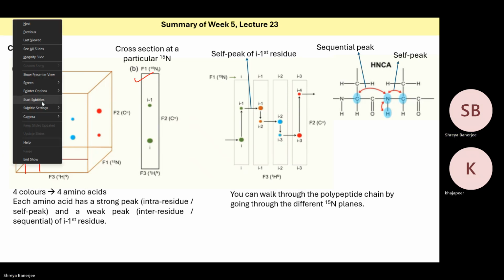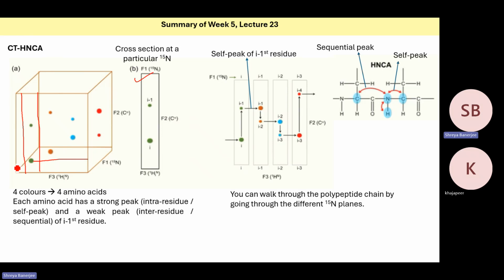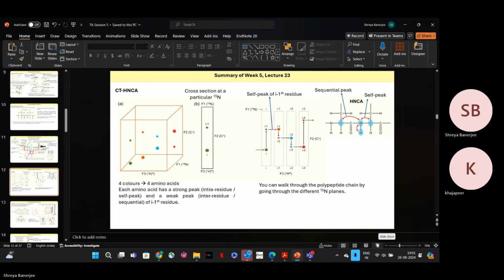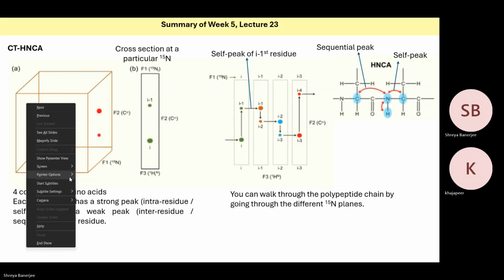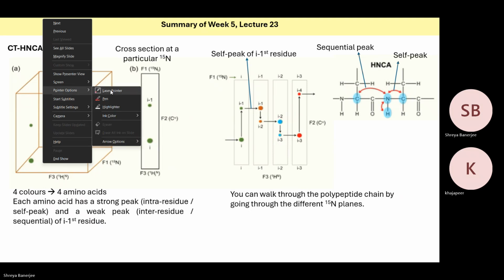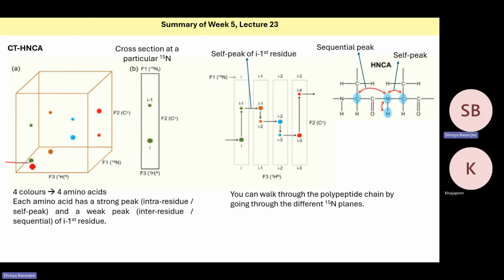We start from here. I'll just clear all this. So suppose we start from here. If we go up, we will find the sequential peak, that is the peak with the previous C alpha.